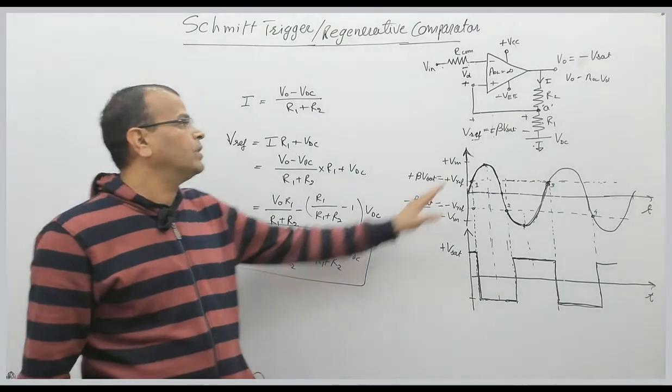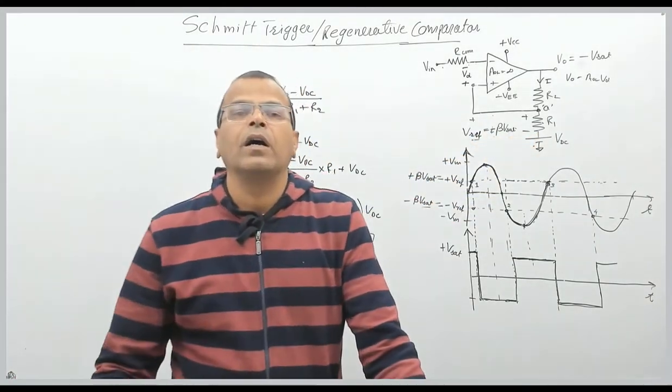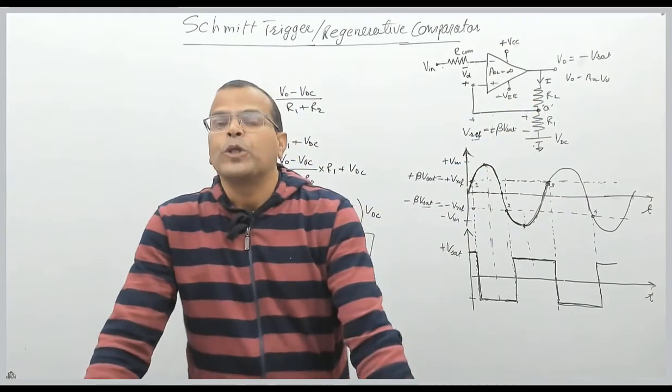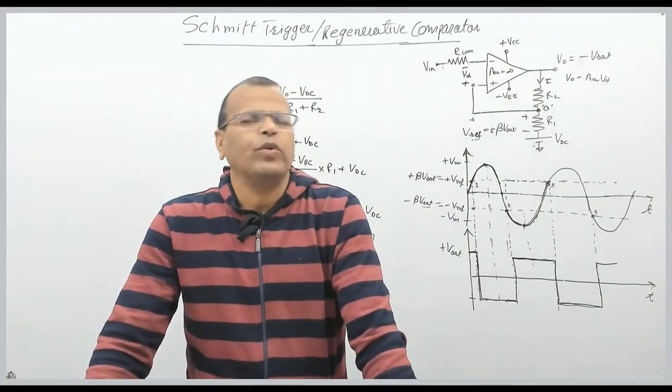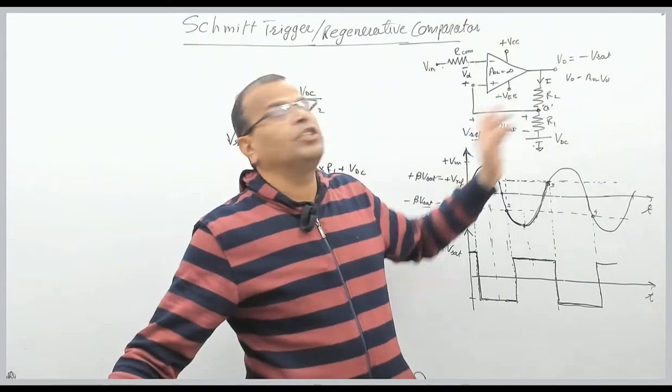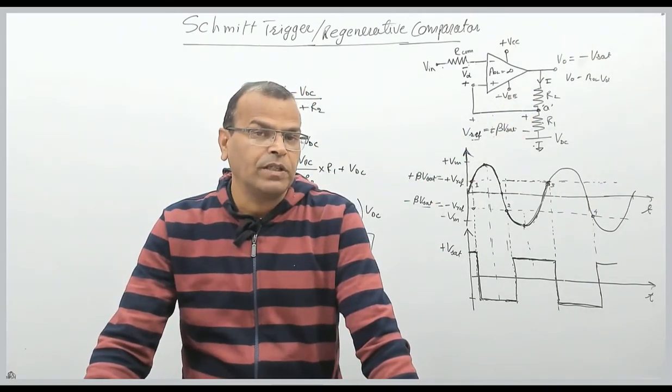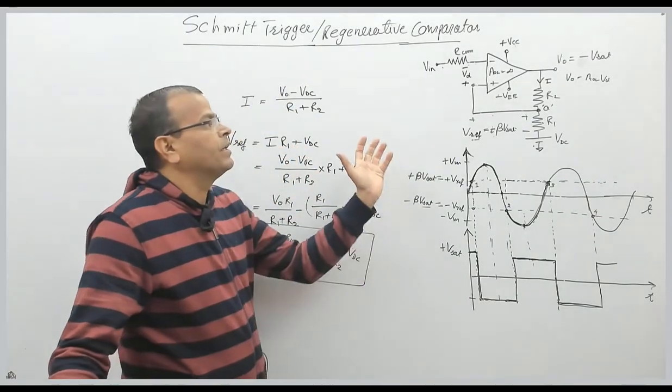That is how the reference is obtained whenever there is a DC source connected in this potential divider. You will find many questions where this reference is changed, right? We will see those questions, but I hope this concept is clear.